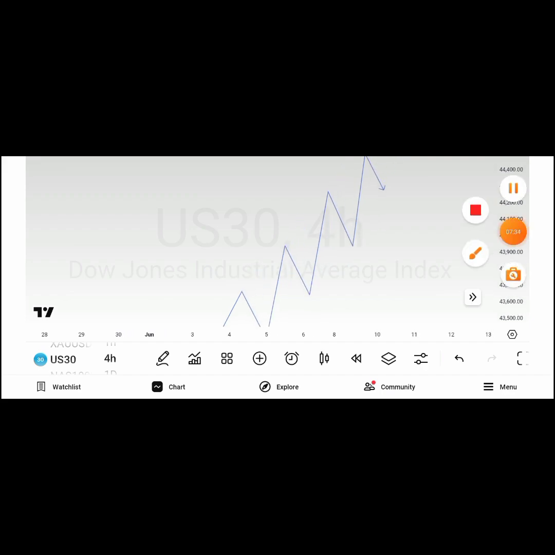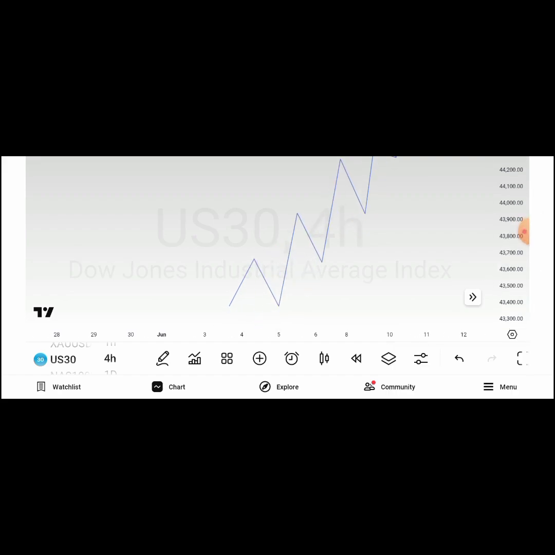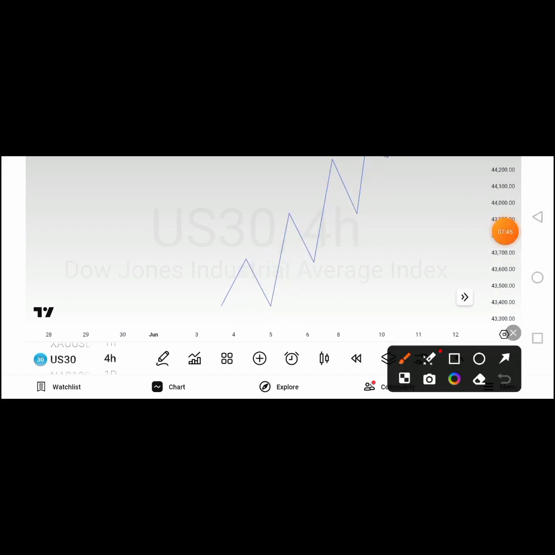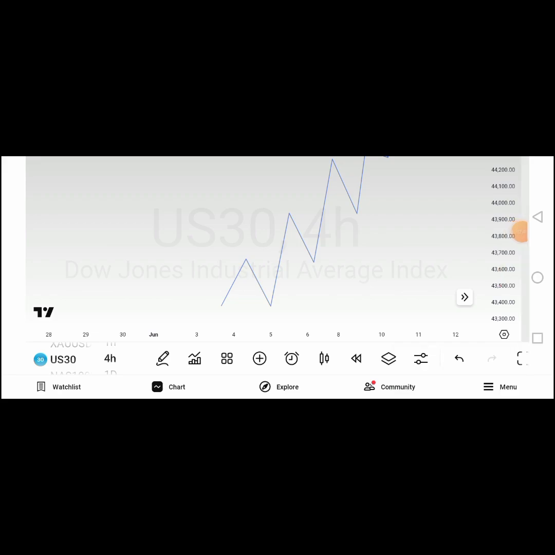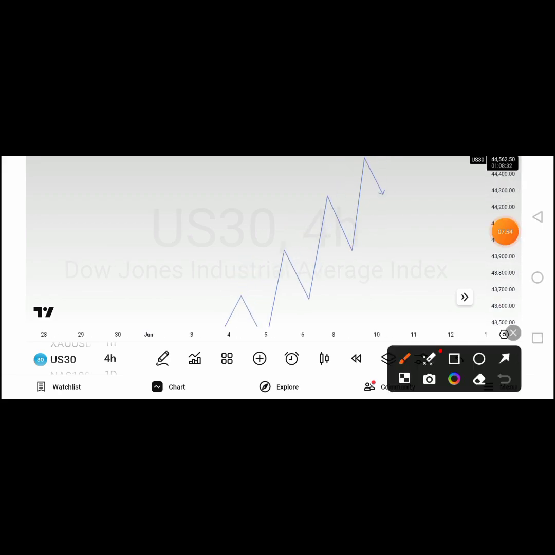So assuming the market has retraced, so that it came like this, went up, and it's now coming down, but it hasn't reached there.